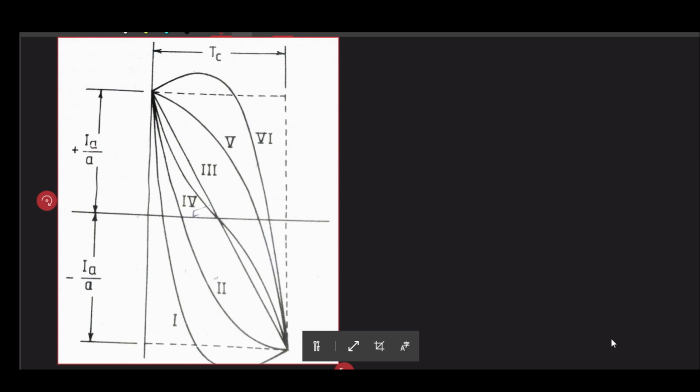You can see there is a very high rate of change of current, so it causes sparking at the trailing edge of the brush. Curve 6 is sharply retarded commutation, which is also an undesirable case. It causes heavy sparking across your brush.